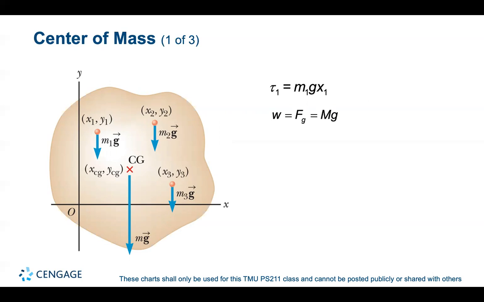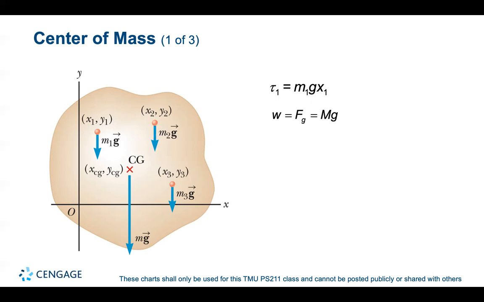The object is divided into a large number of very small particles weighing m1g, m2g, m3g, etc. Having coordinates as shown, if the object is free to rotate around the origin, each particle contributes a torque about the origin that is equal to its weight multiplied by the lever arm. For example, the torque due to the weight m1g is m1g x1.